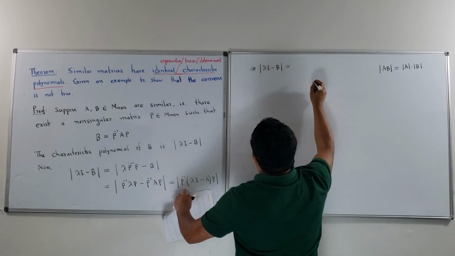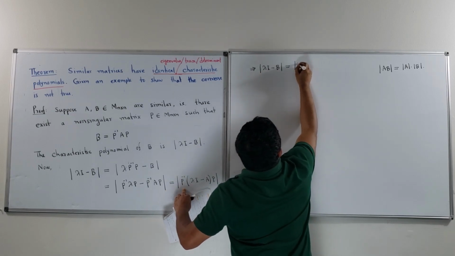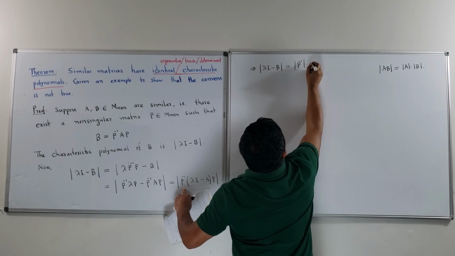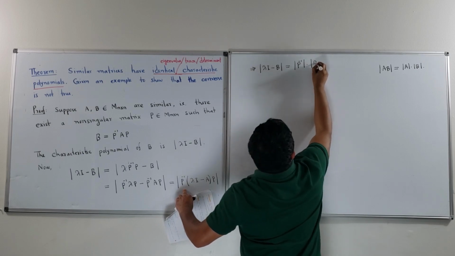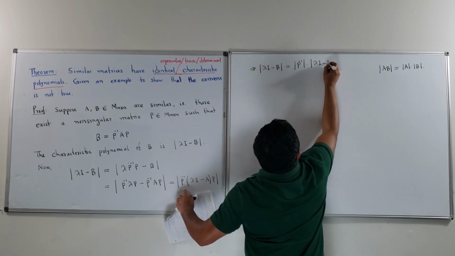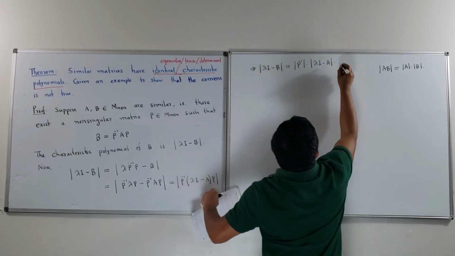If we distribute the determinant sign, it is the determinant of P inverse times the determinant of lambda I minus A times the determinant of P.